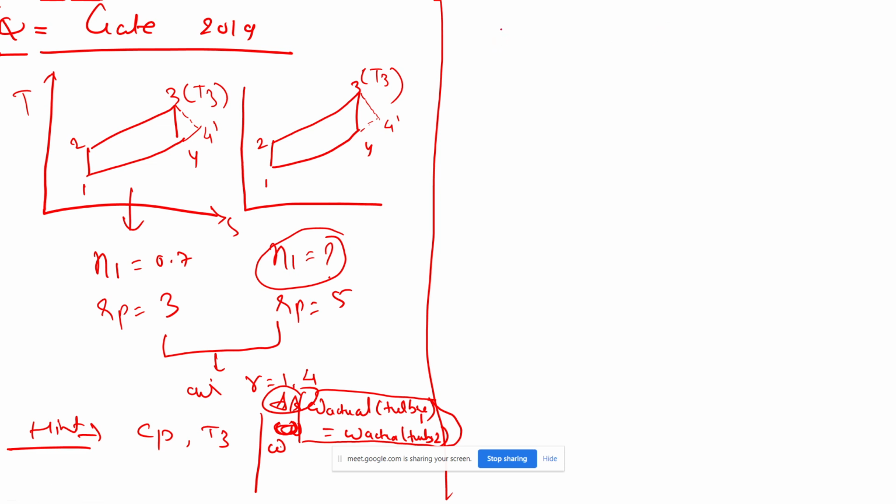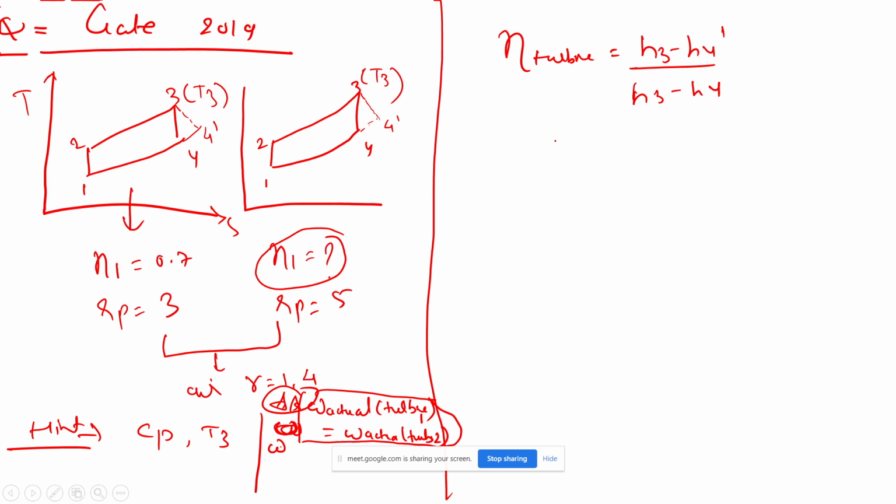So what is the isentropic efficiency of a turbine? For a turbine, it is small upon big. We can write (H3 minus H4 dash) upon (H3 minus H4). Can we write like this? Yes, sir.